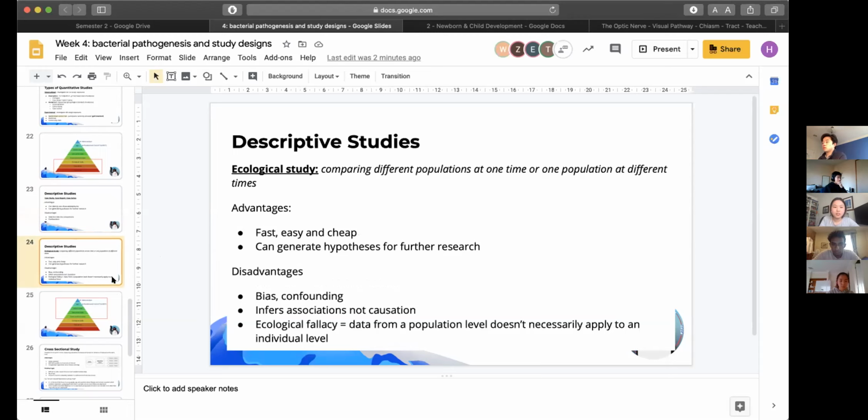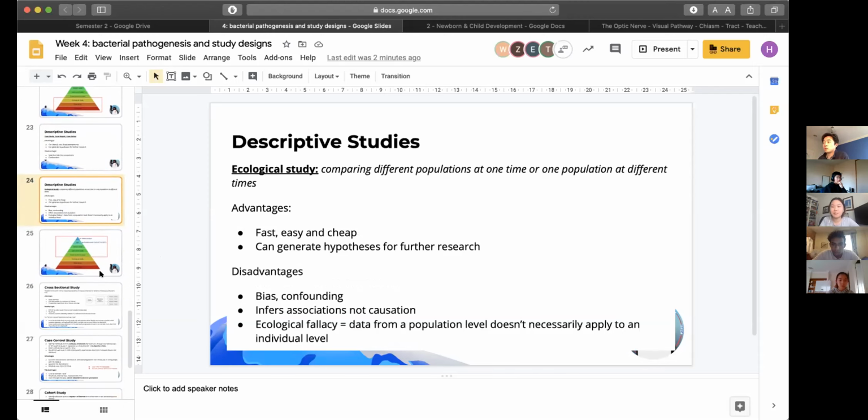Also fast, easy, cheap, very easy to do, but you don't want to use this as a basis for determining causality and going like, oh, because I read this ecological study, X causes Y, and therefore I make my conclusion. And it's like, okay, maybe not, maybe you don't want to be doing that.